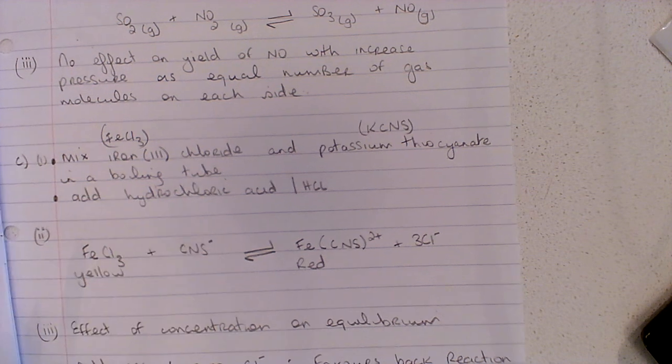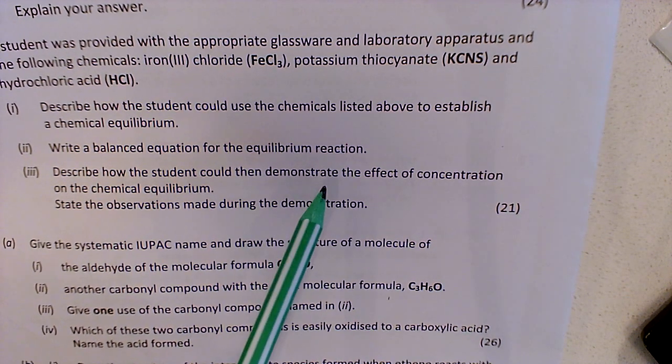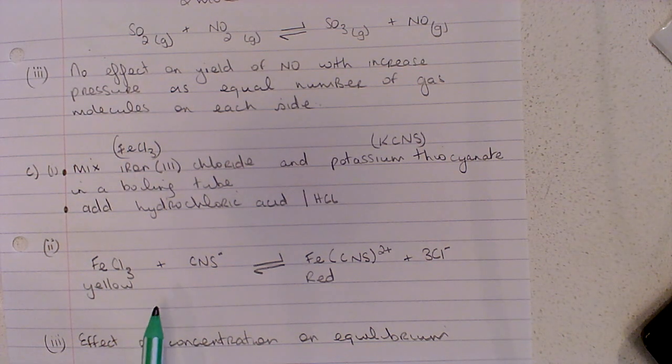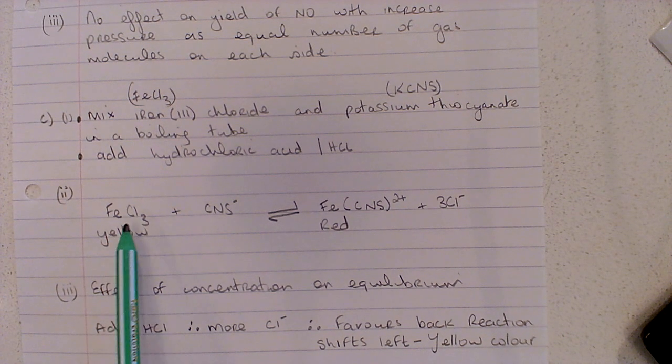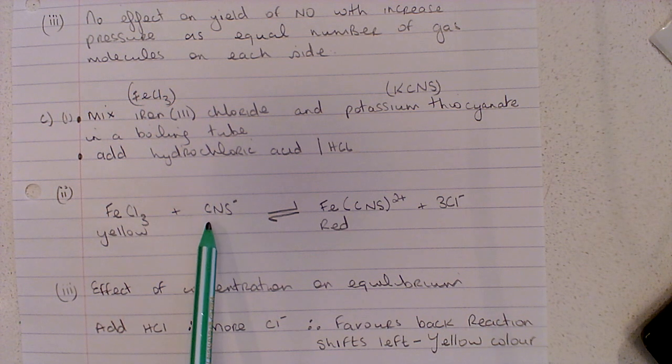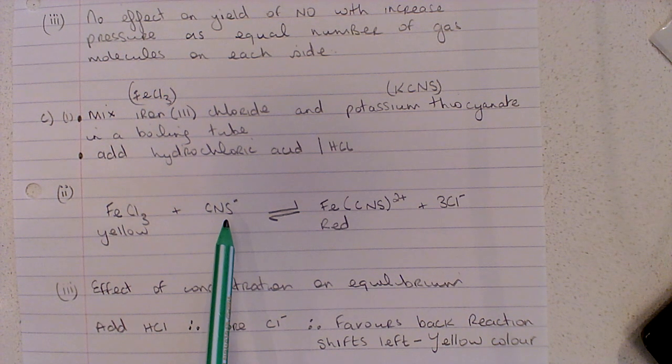Part 2, write a balanced equation for the equilibrium reaction. So let's look at this equilibrium reaction. The iron chloride, FeCl3, is going to react with the thiocyanate anion from the potassium thiocyanate.